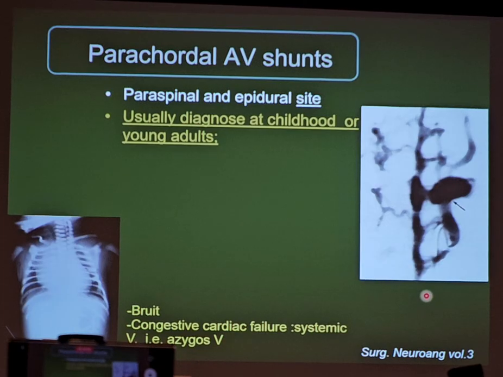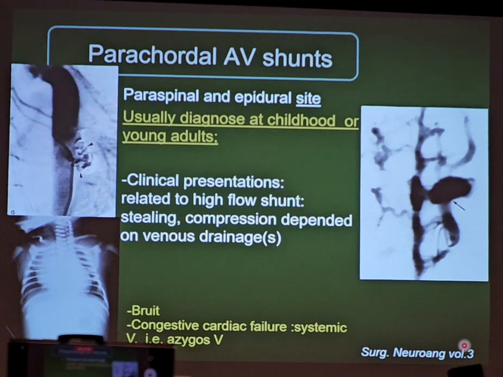We can have this paraspinal, which I think in the next session Kara will have a lot of examples to show you, but this is the same group that we gather as a parachordal venous shunt that can present with these symptoms in a young child, and also congestive heart failure can be seen.